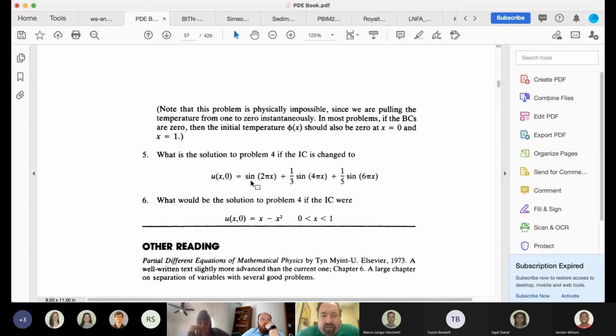So when you're fortunate enough to get initial data of this form, writing down the solution of the initial boundary value problem is very quick.